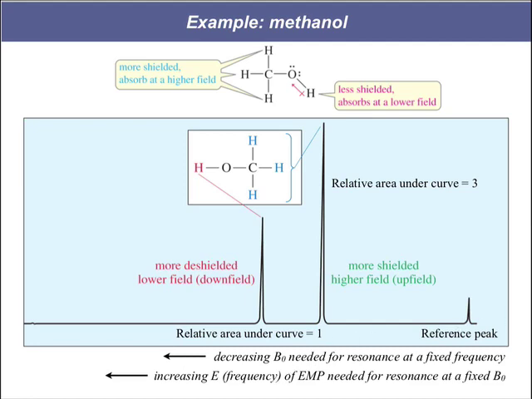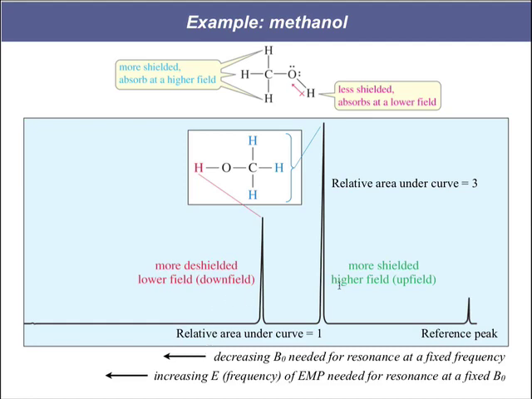So either way, on the right side of the spectrum are these shielded protons. And as we go to the left, we get the deshielded protons. That means less magnet required on the left and more energy required to get that delta E between the two spin states to be absorbed.